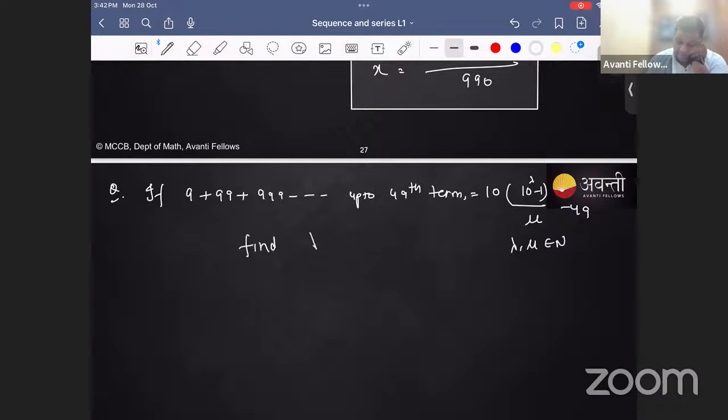Find lambda plus mu. Options are 58, 69, 29, 54. Yes, try it. Then we will launch the poll and see. So whatever you get, mark your answer in this poll section quickly.